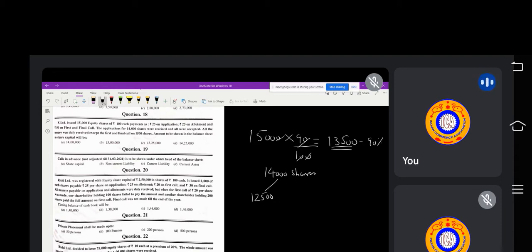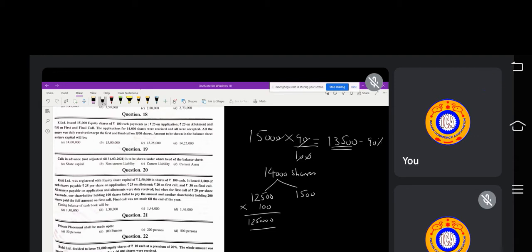I am just splitting this 14,000 into two, 12,500 and 1,500. On these 12,500 shares, the company has received the entire face value of rupees 100. So it means 12,50,000. So you have got 12,50,000 on these 12,500 shares.